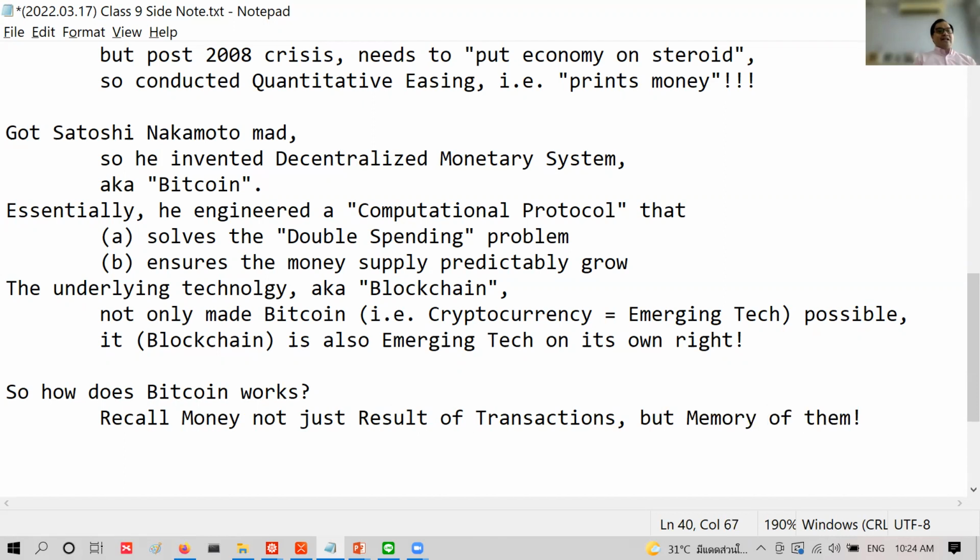So the first idea is money is not money. Money is equal to ledger. This is concept 1.